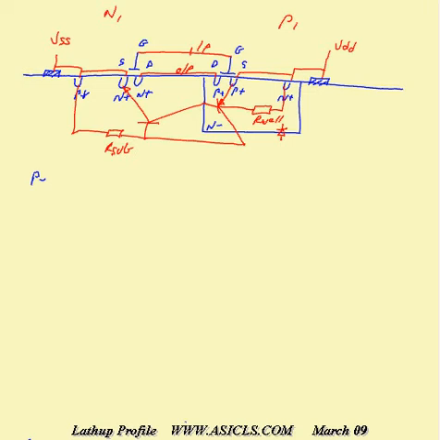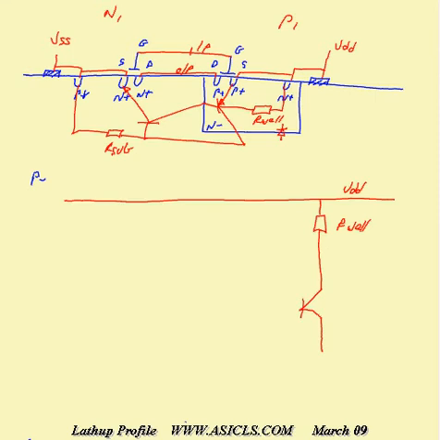Now let's switch to the schematic representation of these parasitic bipolars which are forming our LATCHUP mechanism. First of all, we show VDD. Next we'll draw R-well. And then we'll show N1.